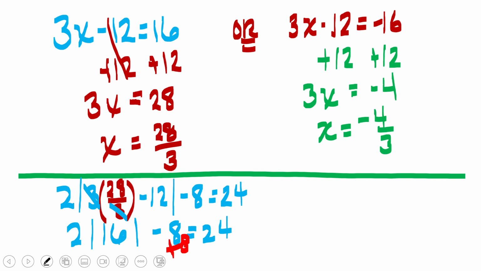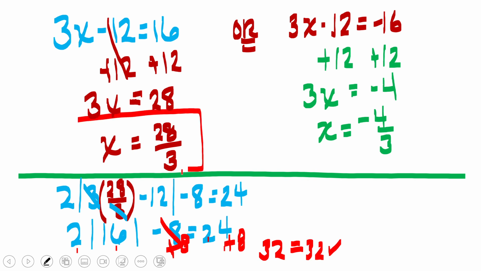Alright, so now we have 32 from 2 times 16 here, this goes away, is equal to 24 plus 8, 32 here, check. So x equals 28 thirds is a viable solution.